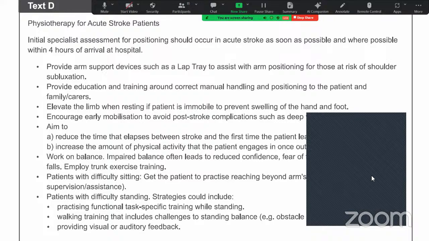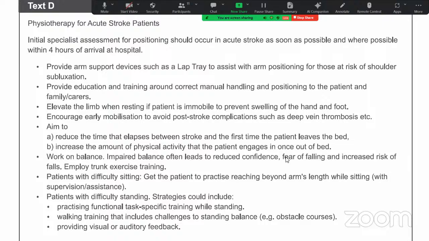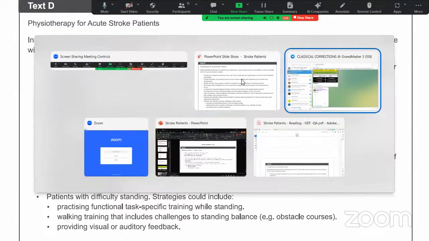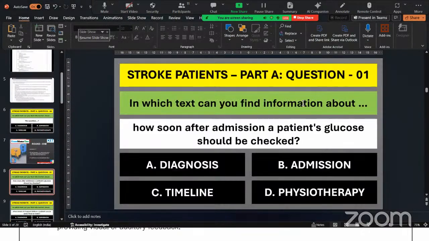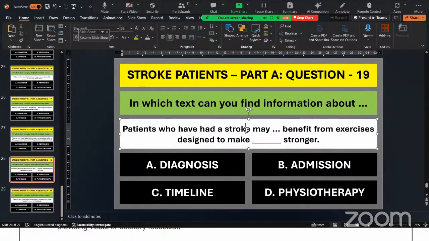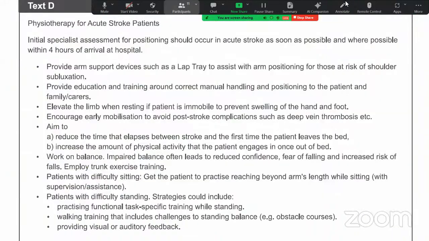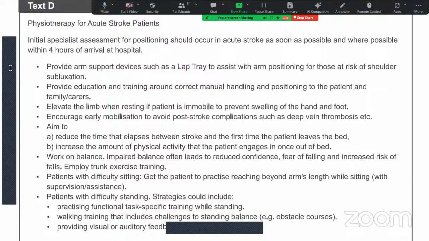Okay, we have gone there. Do you want the question also? I'll bring it, no problem. 19. I'm bringing the question also here.